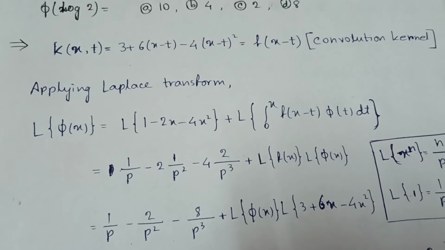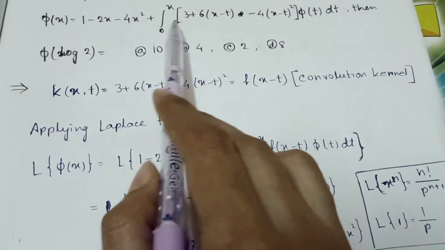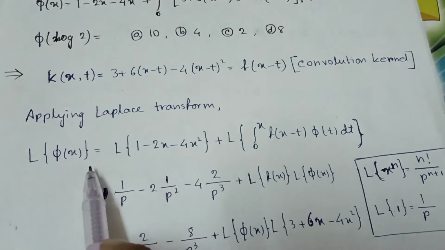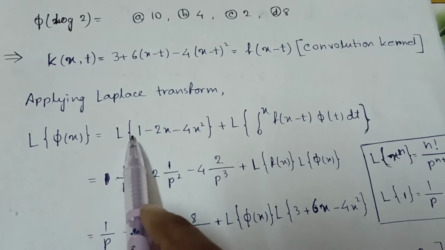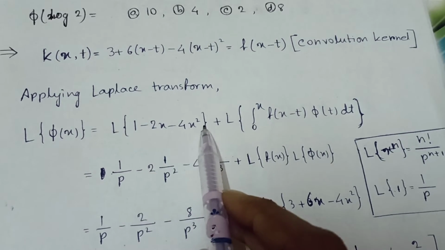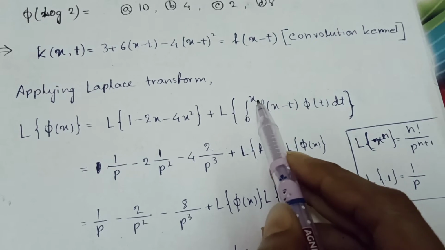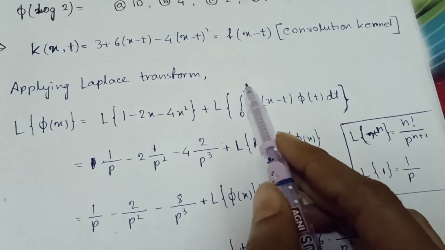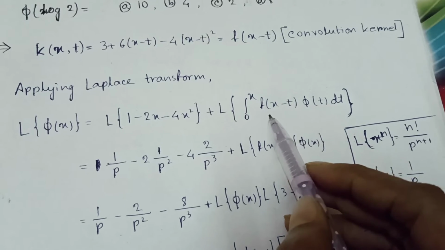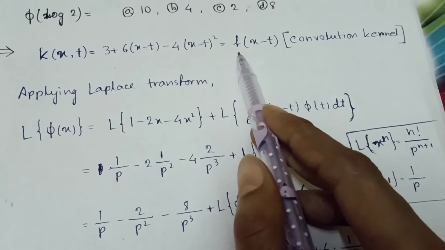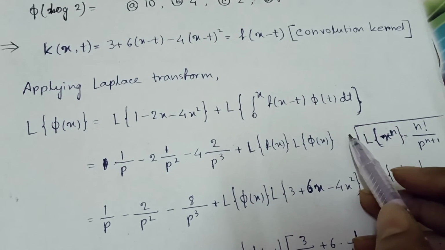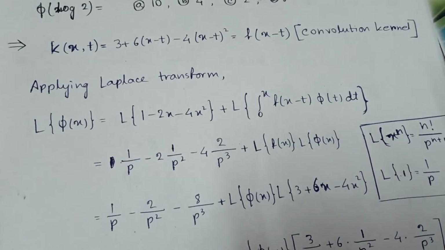Now take the Laplace transform on both sides of the equation. It becomes L of phi(x) equals L of (1 minus 2x minus 4x squared) plus L of the integration of this whole thing. I have written f(x minus t) here.